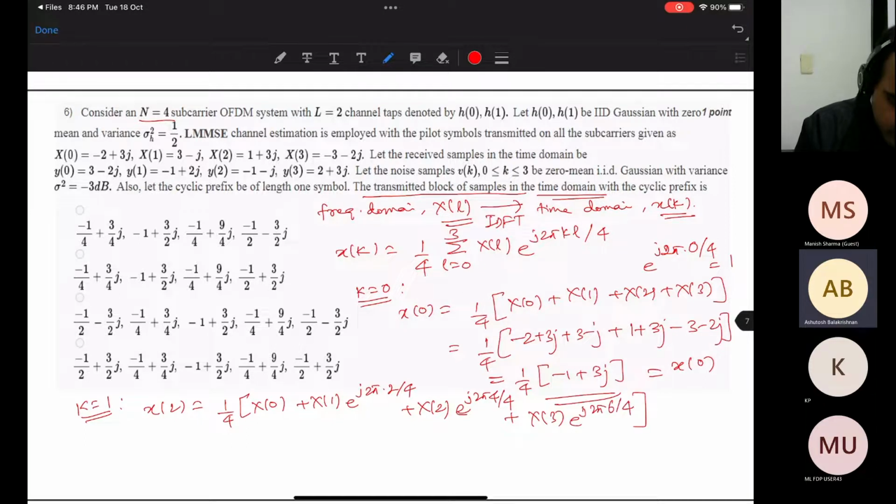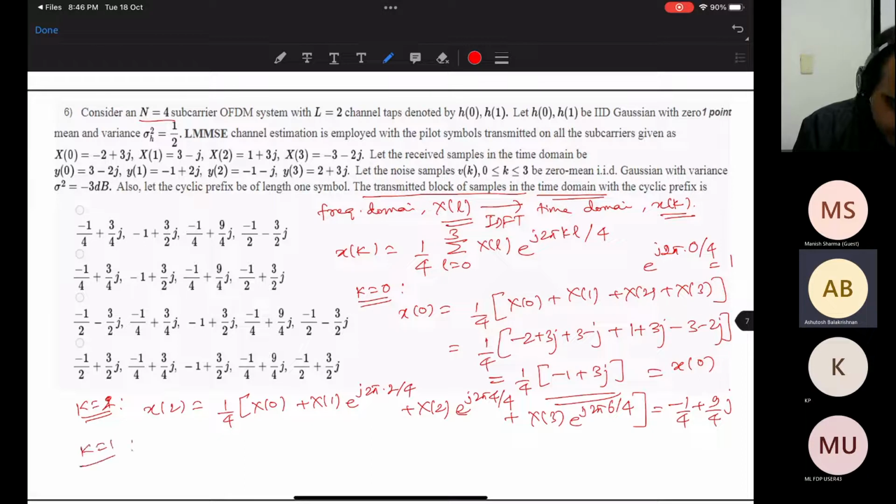Okay, and oh, I'm sorry, this I did for k is 2. Okay, sorry. So this comes out to be minus 1 by 4 plus 9 by 4 j.